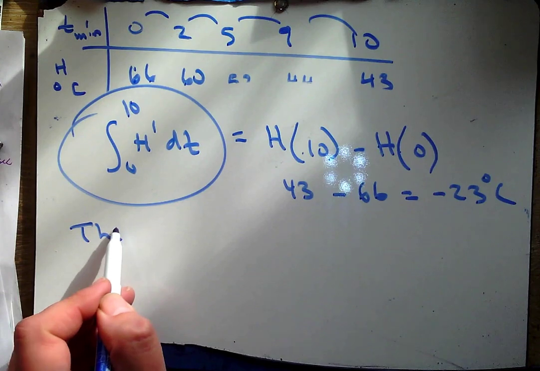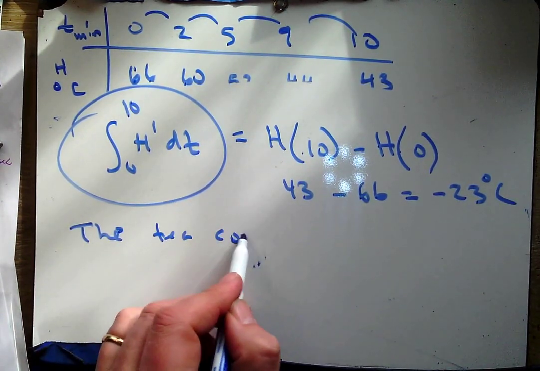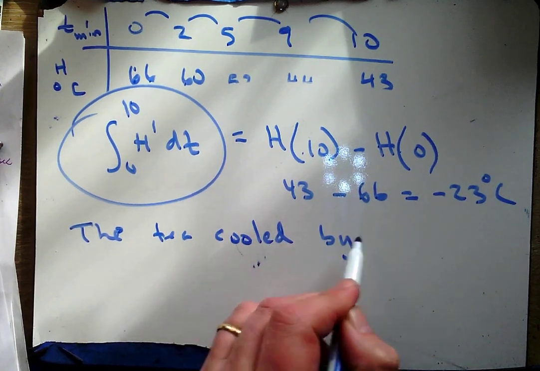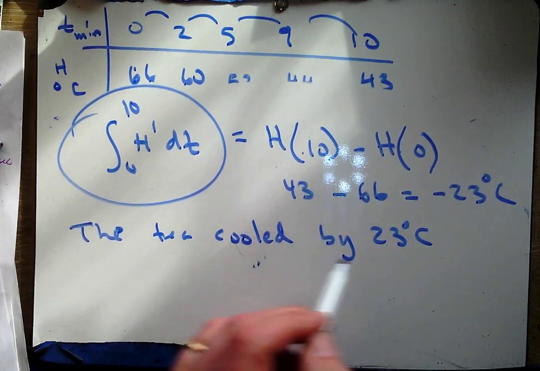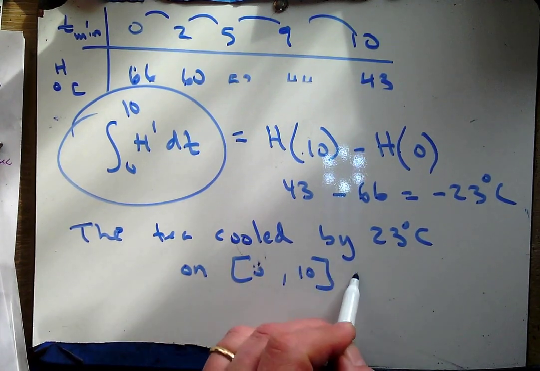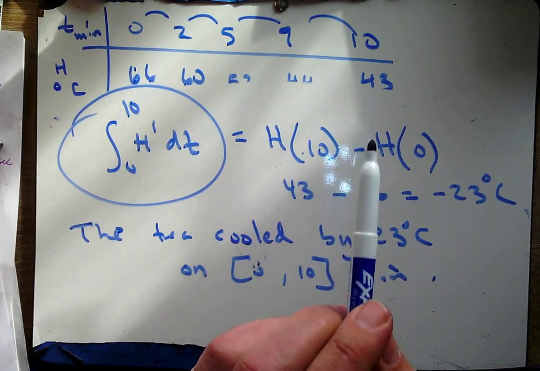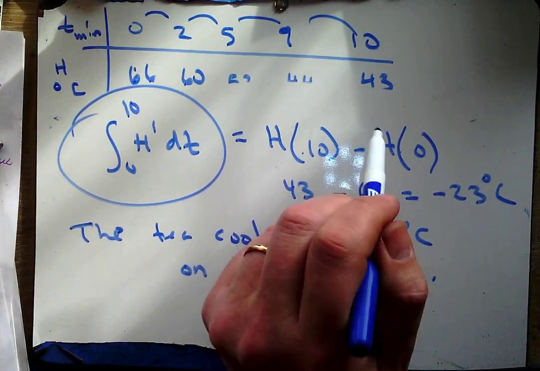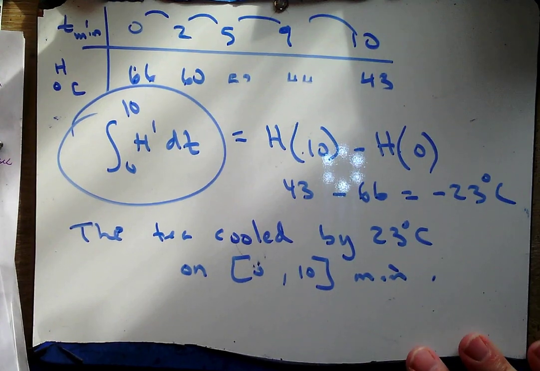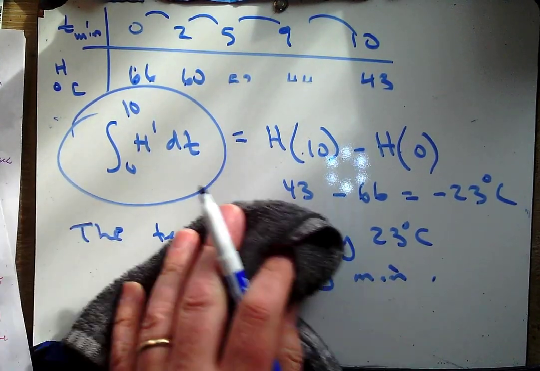So I'm going to say the tea cooled by 23 degrees Celsius on 0 to 10 minutes. And luckily, thank goodness for fundamental theorem of calculus.